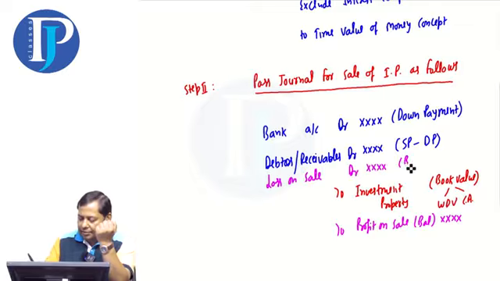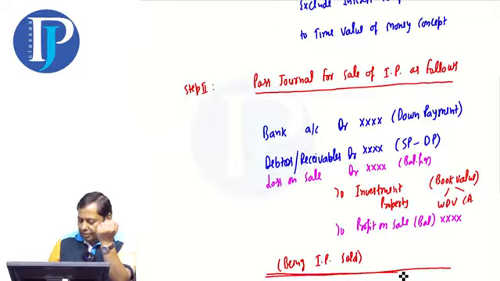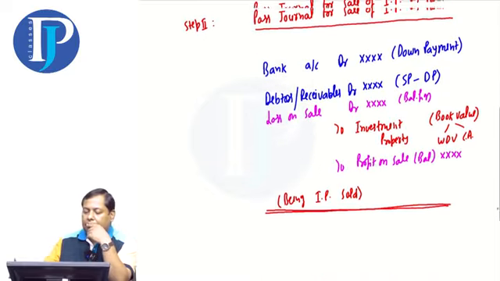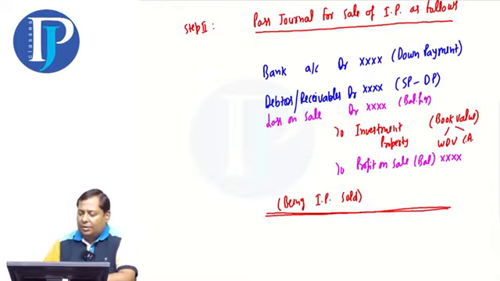Write balancing figure also. Being investment property sold, down payment taken. Money not received has been booked as receivables. The property is removed. The difference will be profit or loss.